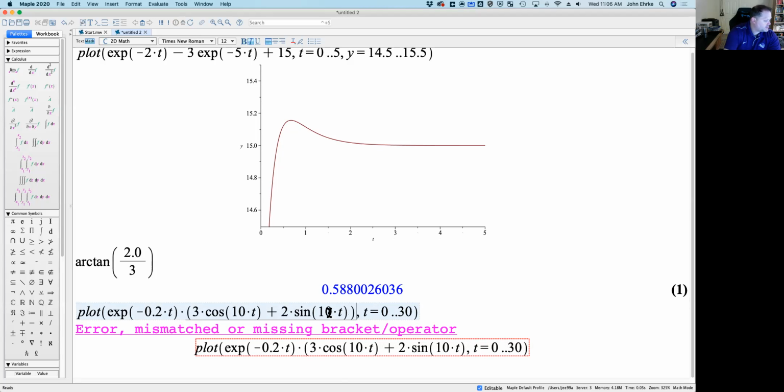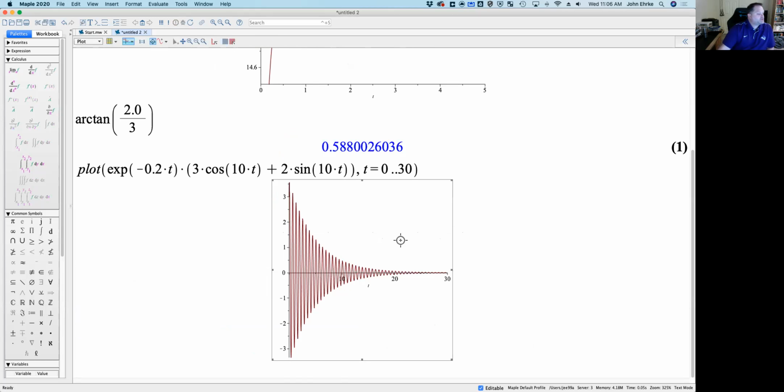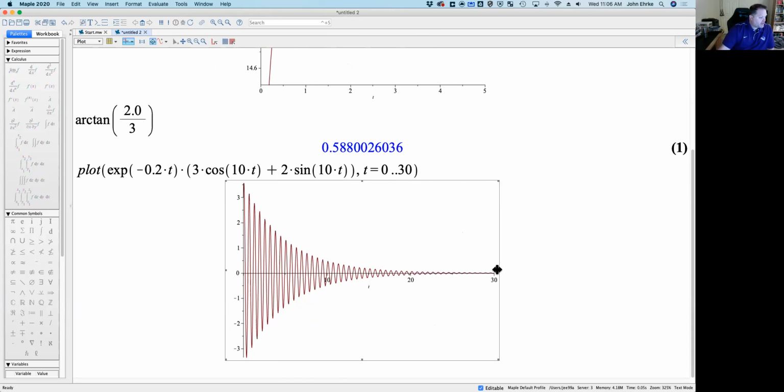Need an extra parenthesis, there we go. So you can see here that we have a view of this wave and the oscillations that occur. You also have this function, which looks like an exponential, which is governing the top, and another one which is governing the bottom. And I'm going to talk about that in just a second. But it looks like that by 25 seconds of time, we should have 40 oscillations.